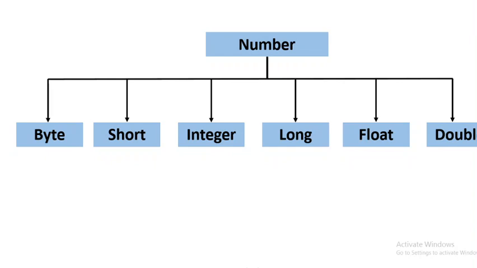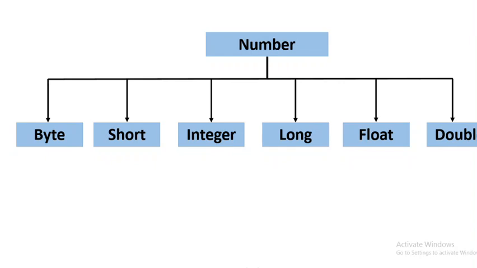Even though this is so, we are still using primitive data types like integer, float, double, long, short, char, boolean and so on. Even though Java is object oriented, we still use primitive data types because these are not part of the object class.